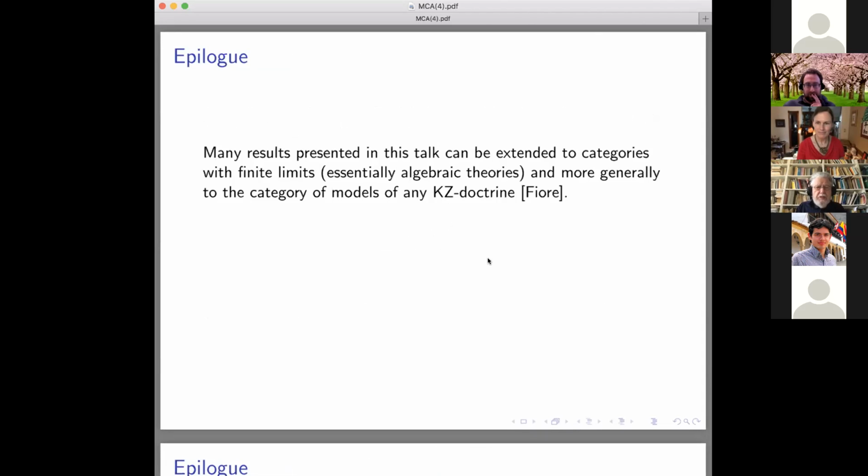Maybe a little bit more: I would like to say that Marcelo is extending all this theory from algebraic theories to general KZ doctrines. You could, for example, replace categories with finite products by categories with finite limits, and it just works. And more generally, the category of models of a KZ doctrine.